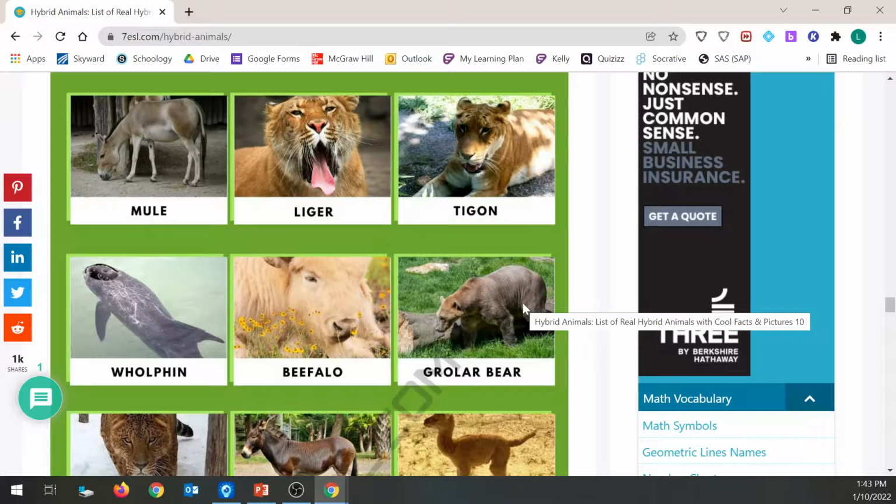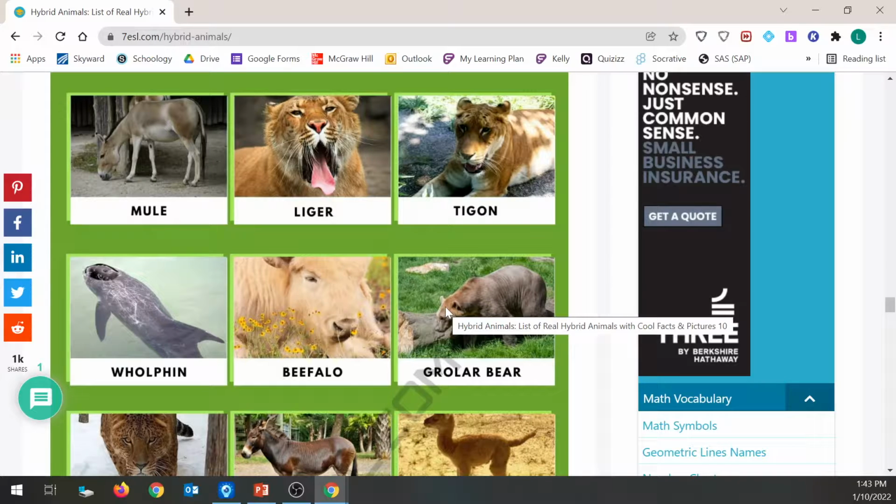The ice is melting, so the polar bears are coming south because there's no more ice up there. And the grizzly bears, because it's getting warm, are moving north, and they're meeting in the middle. And they're making grolar bears.